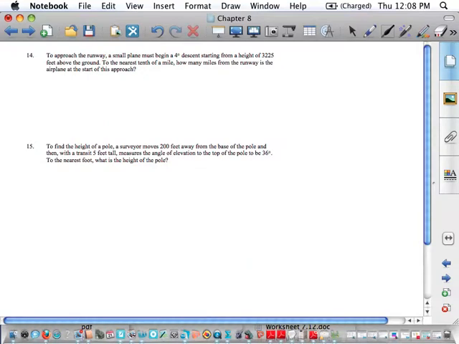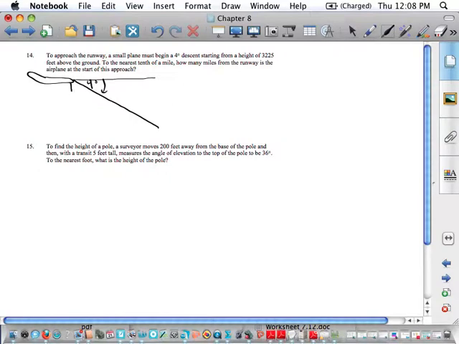Last two. Okay, to approach the runway, a small plane, so here's my small plane, must begin a 4-degree descent. So this is going to be an angle of depression of 4 degrees. Remember, that's this angle that is the angle of depression.